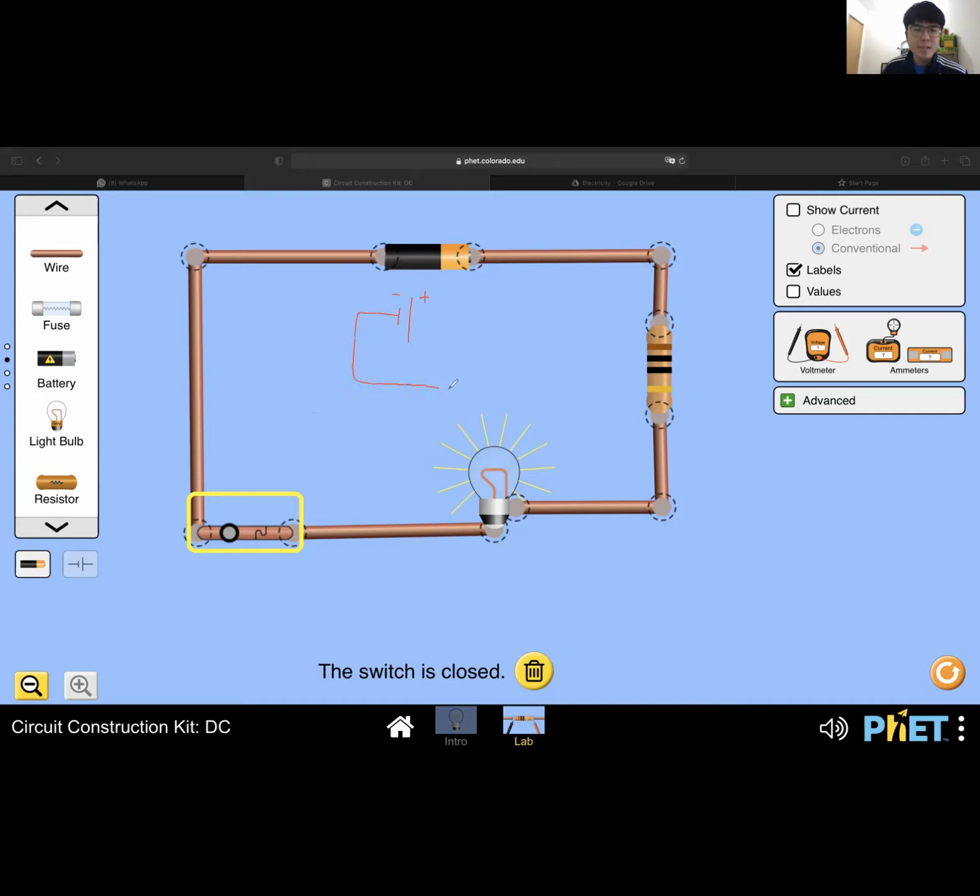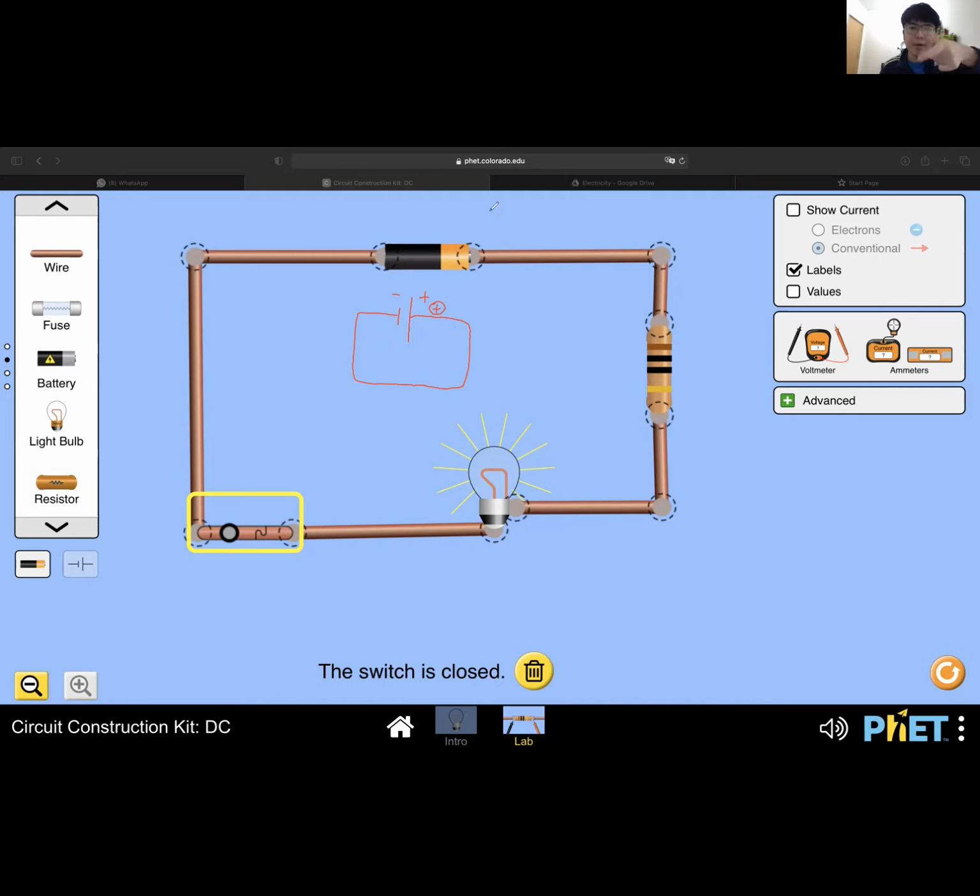So let's say I draw my circuit like this. We have the negative terminal and the positive terminal. Remember, when you connect the wire, there is an electric field between the positive and negative. So if I put a positive charge starting from here, where do you think the positive charge will move?